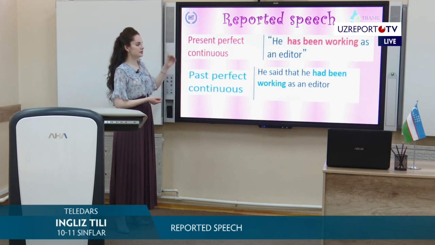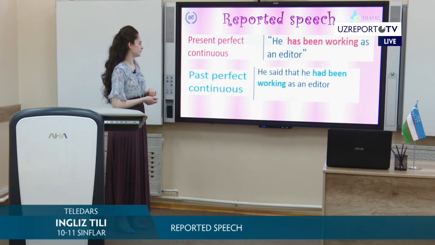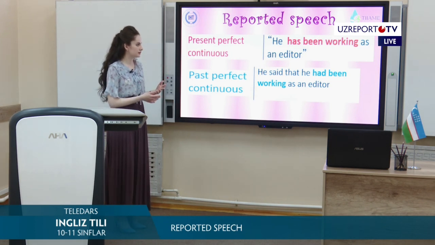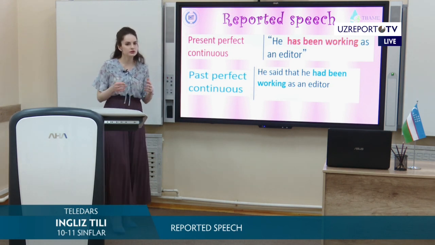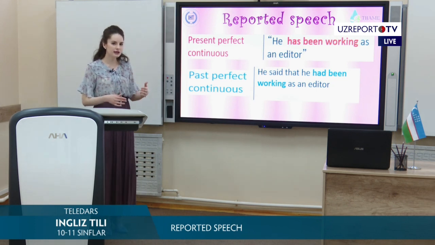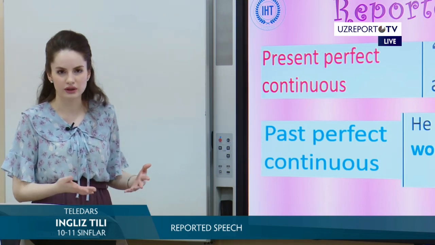Present perfect continuous, as I told you before, will be transformed to past perfect continuous. Look please, he has been working as an editor. Present perfect continuous we use when we talk about something that finished only partly up to now. It is still continuing, but we have some results, some part of that work.